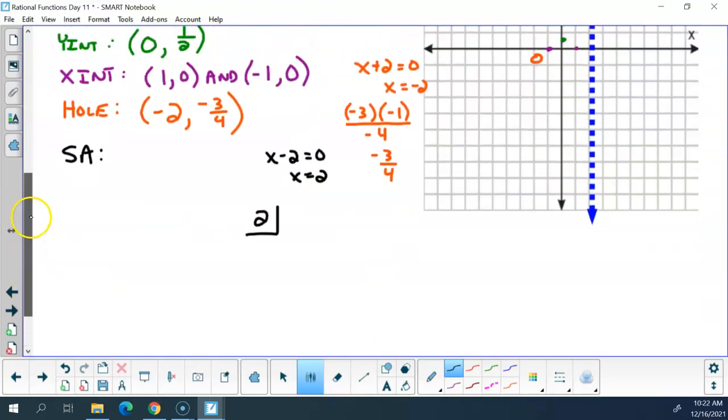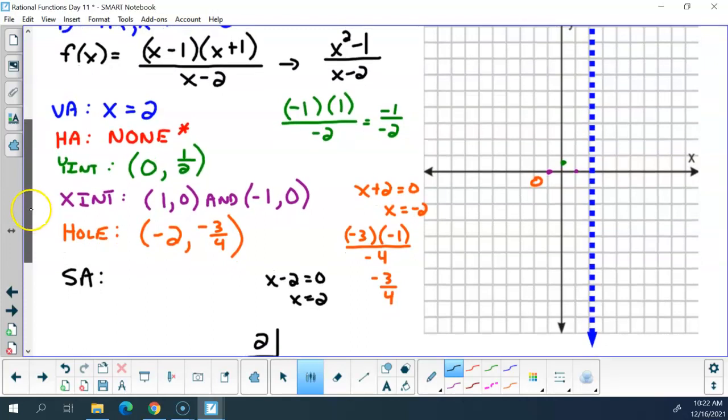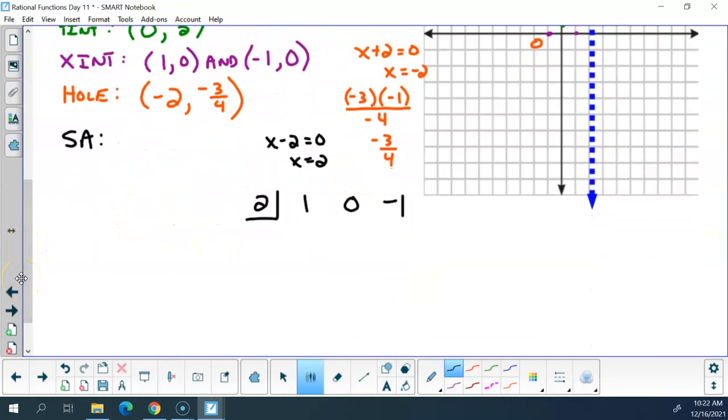But inside the top, it's x minus 1, so I have to multiply these two together first. That's x squared minus 1, which gives me my inside numbers of 1, 0, and negative 1. Drop, multiply, add, multiply, add.